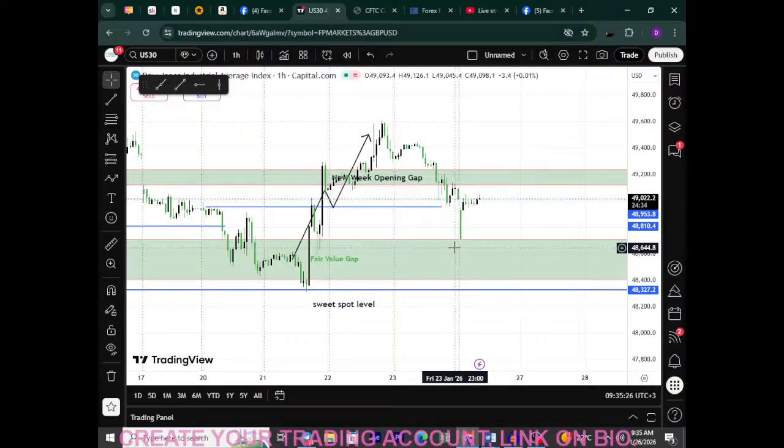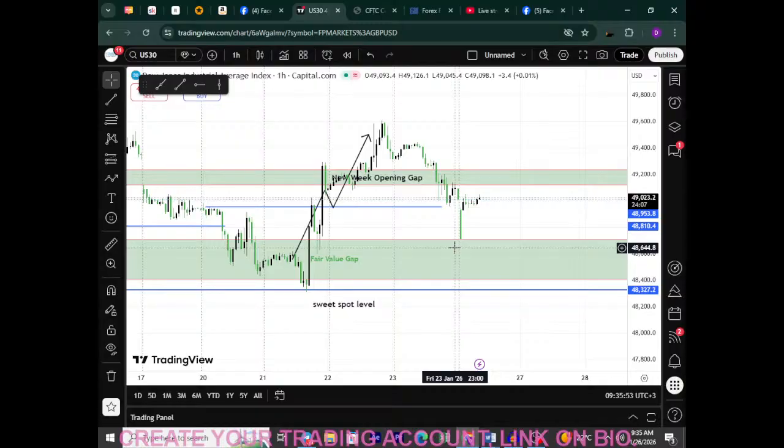But the problem is you have to have capital to trade US30 or the indices, because their stop losses are quite huge. So you cannot trade US30 comfortably with $100. It is like trading gold unless you get sniper entries, and mind you, you will not be getting sniper entries every day.